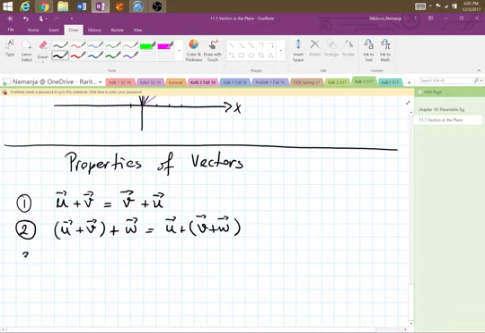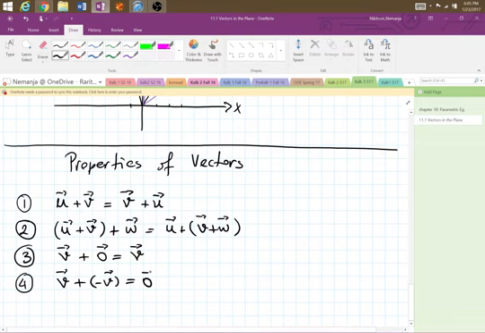That's associative rule. v plus 0 vector is the same vector v. We have additive inverse. When you add v to the negative of v, you get 0 vector.